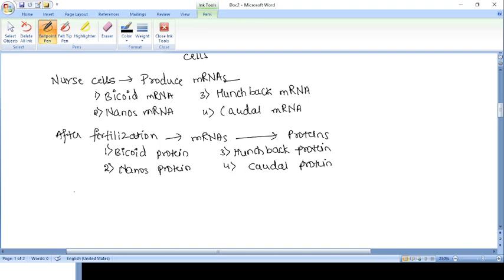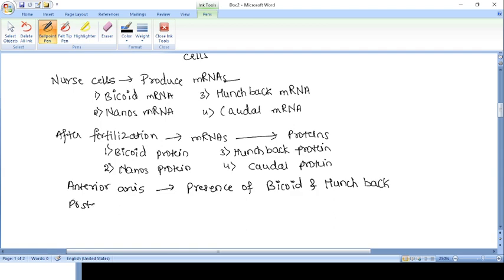Now, we'll see which proteins are responsible. The anterior axis is formed due to the presence of two proteins: bicoid protein and hunchback protein. And the posterior axis is due to the presence of two proteins: nanos protein and caudal protein.